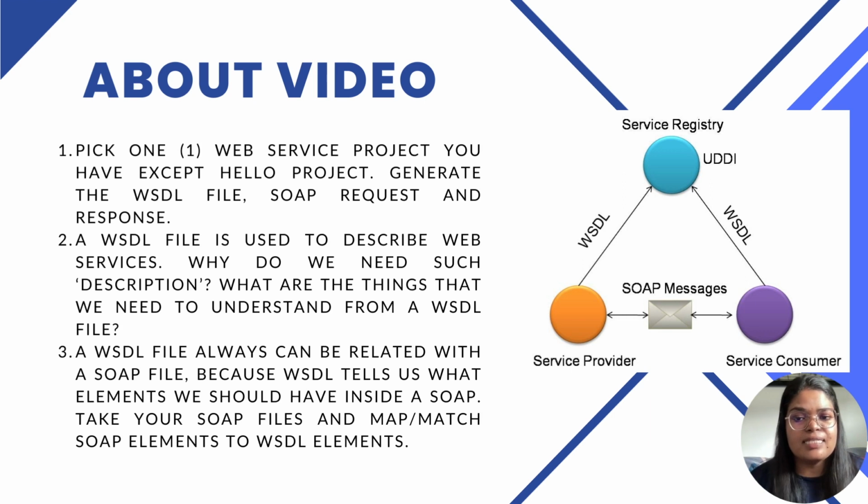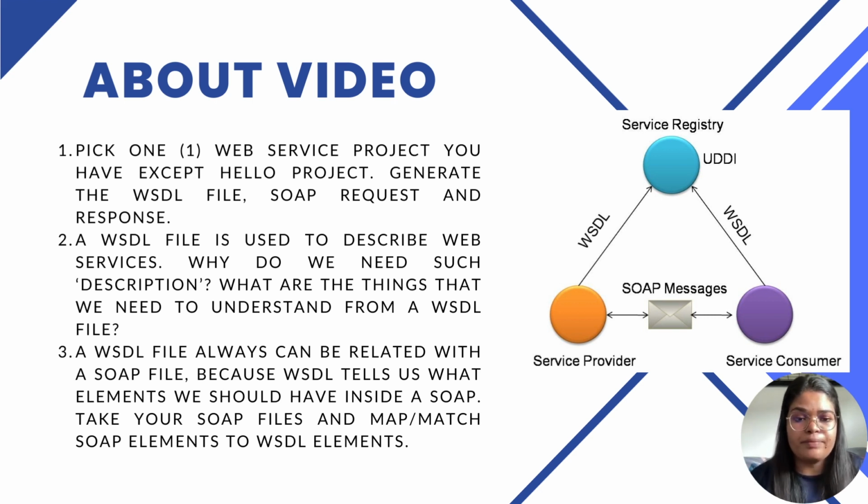And the second thing is, I'm going to explain what a WSDL file is and what we need to understand about a WSDL file and what it is describing. A WSDL file can always be related to a SOAP file because WSDL tells us the elements we should have inside a SOAP, and we take the SOAP files and map or match the SOAP elements to WSDL elements.